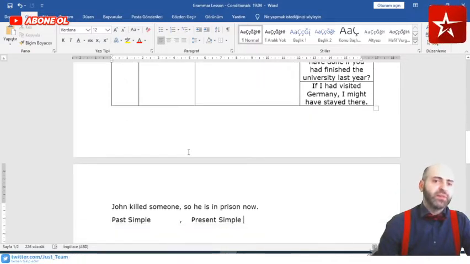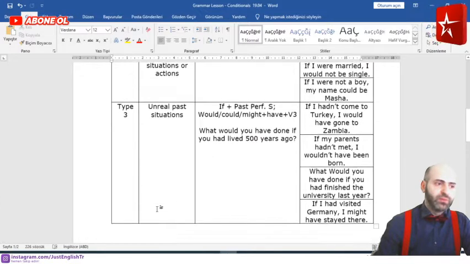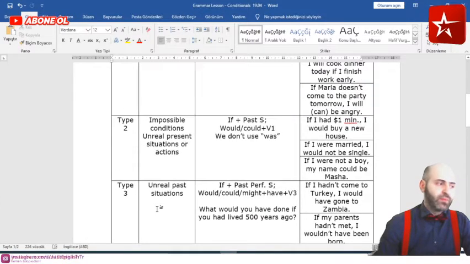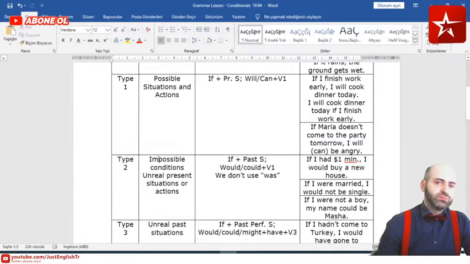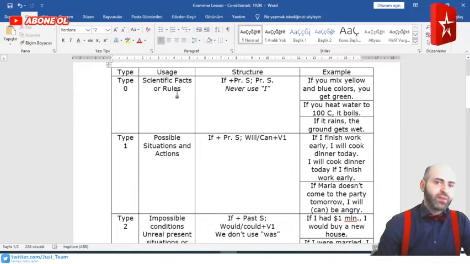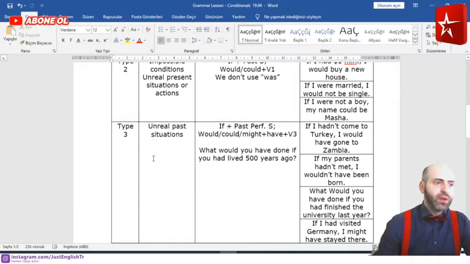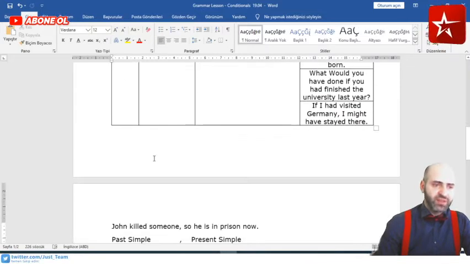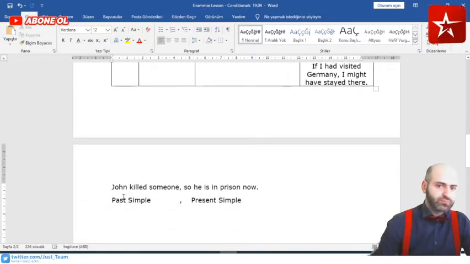Vanya and Ahmed. In this sentence, we are talking about John. We are not talking generally. It's not as a rule. This is not a rule, and this is not scientific fact. So we will not use type 0. But imagine this situation did not happen.